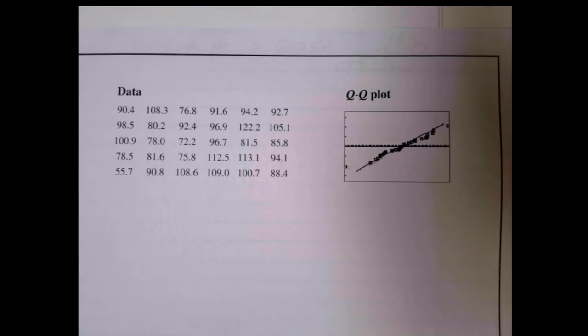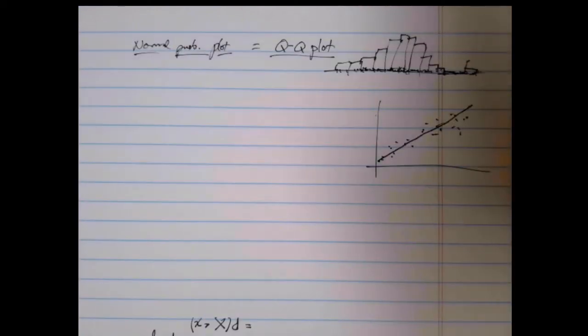Okay, pretty much the only thing you need to know about these normal probability plots, or QQ plots, for this class is that they are the answer to the question, what is the best way to decide whether sample data is from an approximately normally distributed population? The correct answer to that question is a QQ plot, or a normal probability plot.